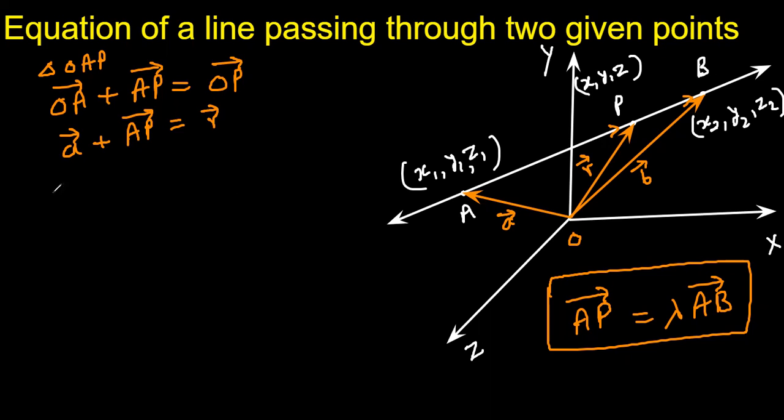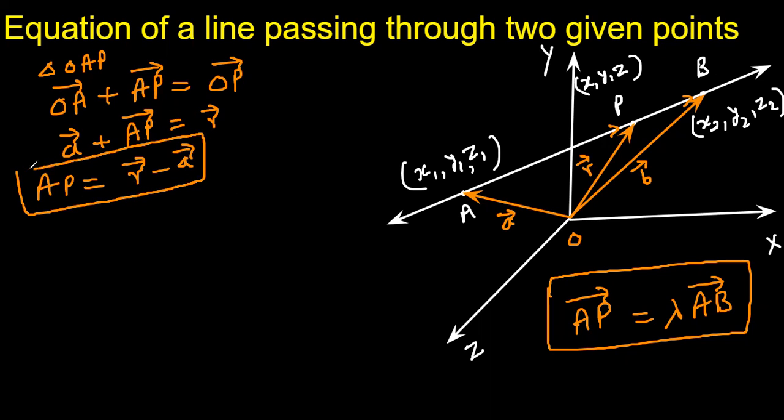That means AP is going to be small r vector minus small a vector. The triangle law gives us AP is equal to r minus a.